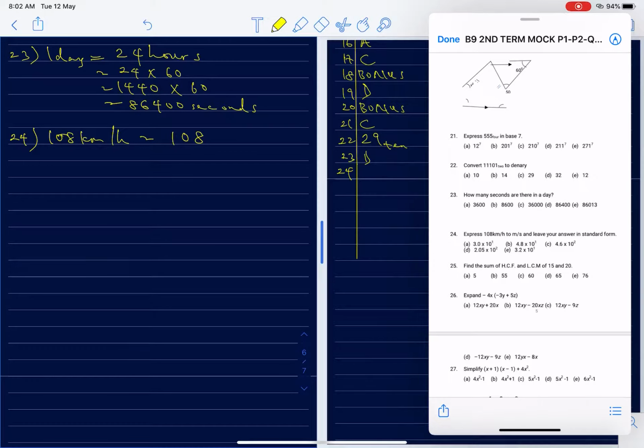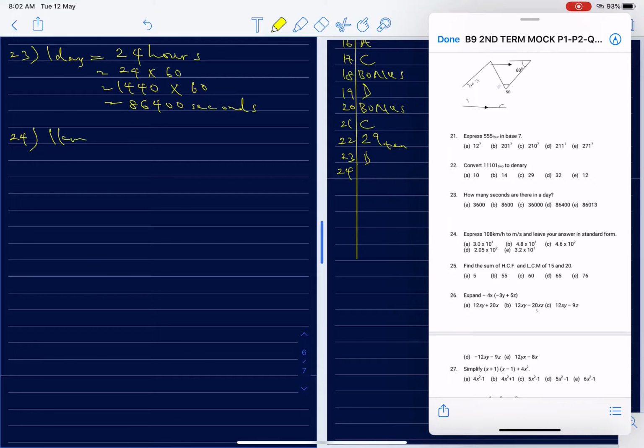That means we'll change the kilometers to meters and then the hour to seconds. So that means 108 times 1,000 meters divided by 1 hour to seconds. Before I do that, I'd like to write the standards.